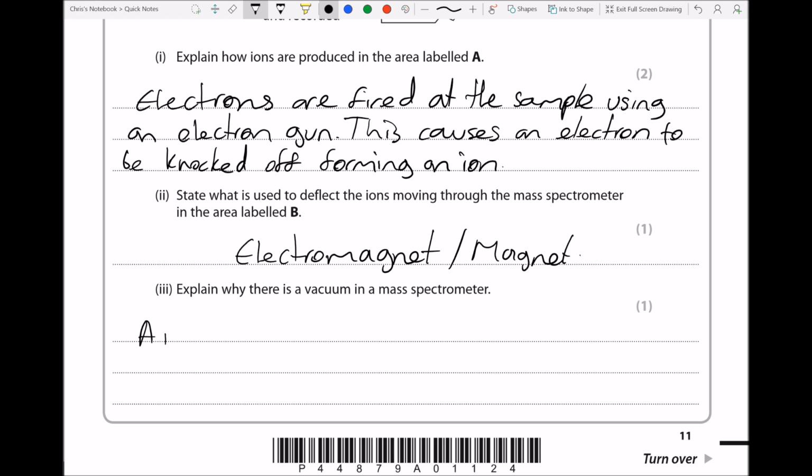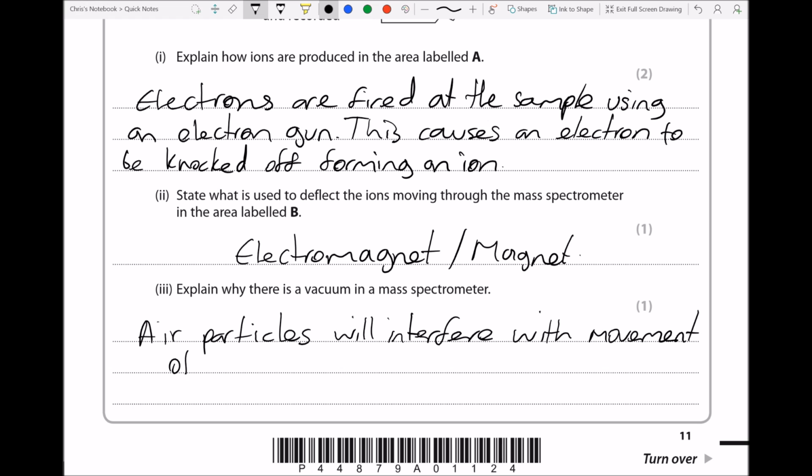So let's put that on here. Will interfere with movement of ions. There we have it.